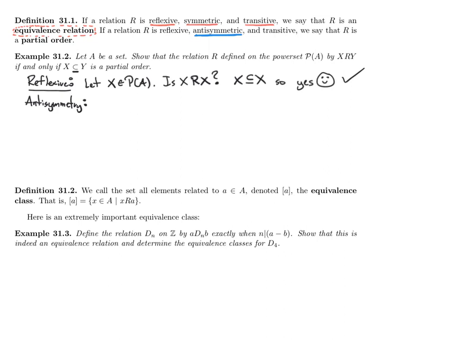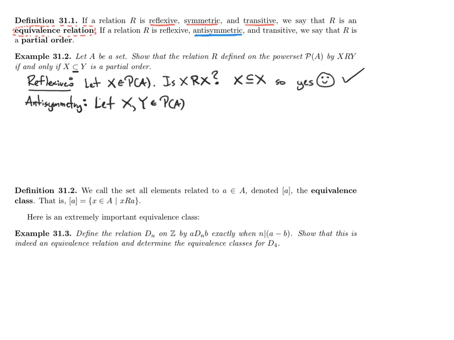All right. Remember, anti-symmetry says that for all subsets, say X and Y, if X is related to Y and Y is related to X, then X must equal Y. So let X and Y be elements of the set the relation is on.